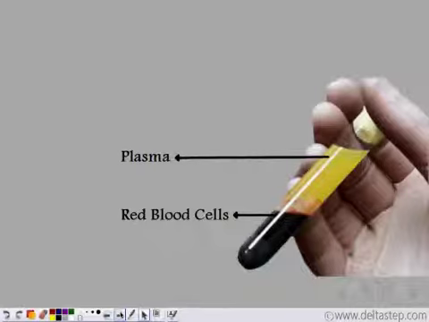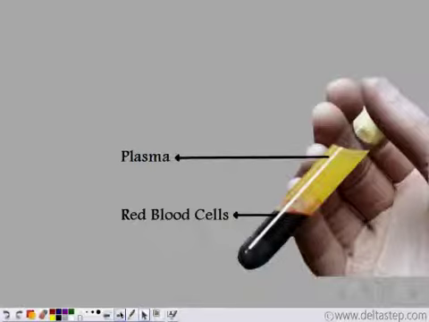Now, the function of plasma is to provide the fluid nature of blood, so that blood can be transported from one part of the body to another.